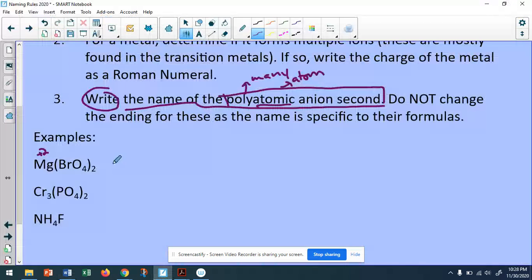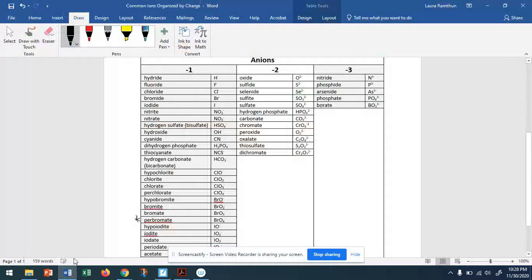So I'm simply going to write magnesium perbromate. All I had to do was look up the name of that polyatomic ion on the chart. One hint, it's a -1, and we might have known that because I needed 2 of them to cancel out this +2. That would help you know which column to look at in your chart.